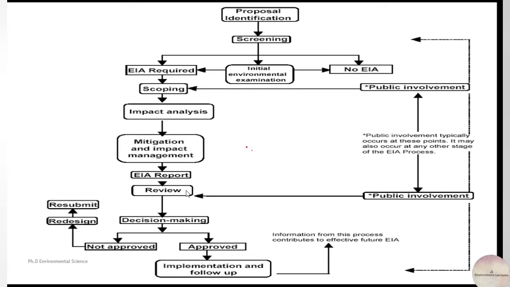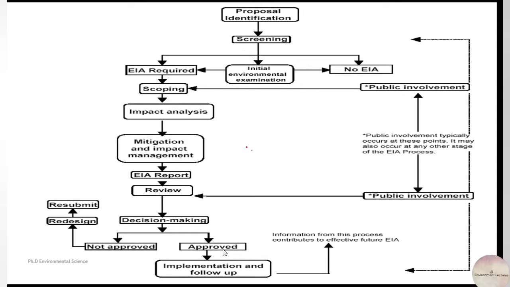So you can see public involvement occurs at two stages, review and the scoping stage. Then is your decision making. Now, based on the review, a decision is made. If the proposal is not approved, the project may need to be redesigned and resubmitted, potentially undergoing another review.